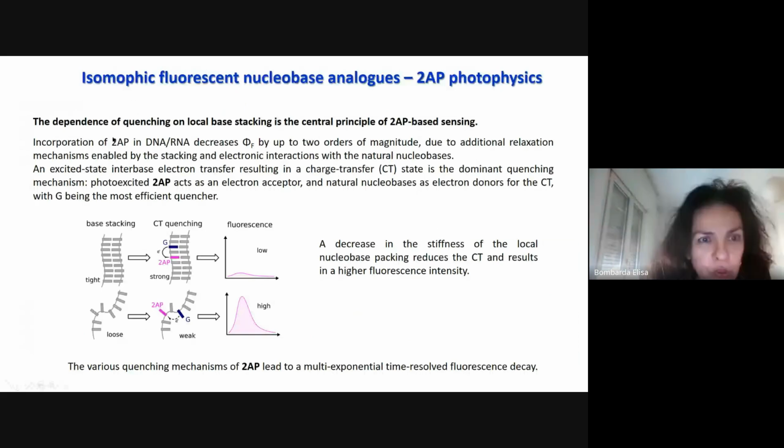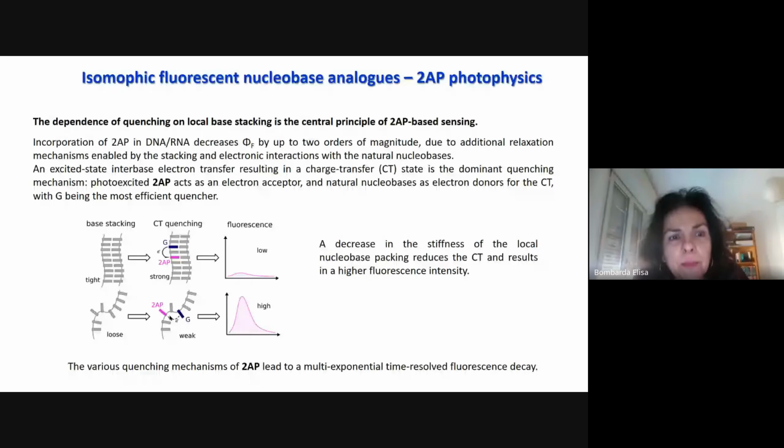And so the incorporation of 2-aminopurine in DNA or RNA decreases the quantum yield by up to 2 orders of magnitude due to additional relaxation mechanisms enabled by the stacking between the bases, and so the electronic interaction between the natural nucleobases.